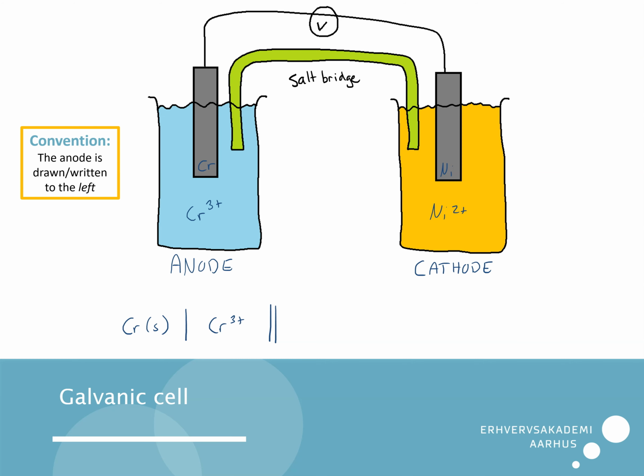And on the other side, we write the cathode like we did the anode. So we have nickel 2 plus ions and a barrier between the phases and solid nickel. Note that we always write the aqueous species towards the salt bridge in the middle and the solid species on the far sides. Let's recap what we've learned so far.